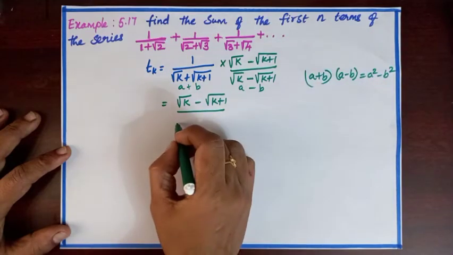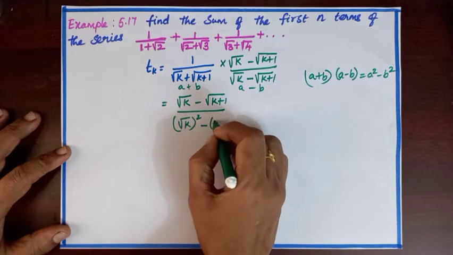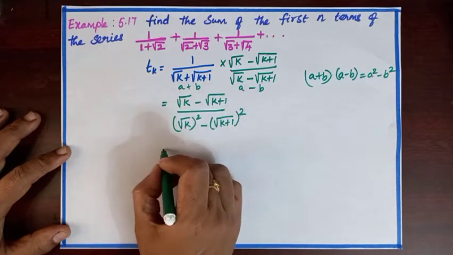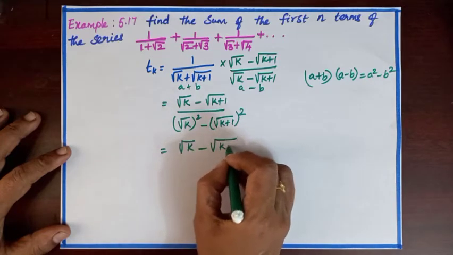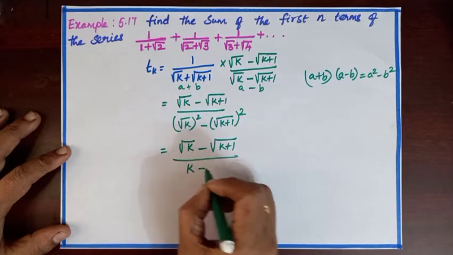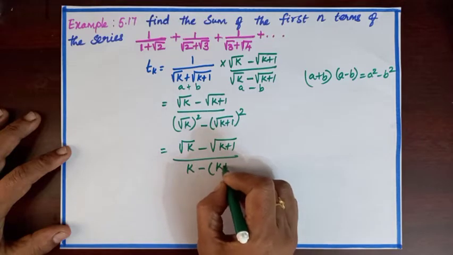In the place of a, we have root k. Root k the whole square minus root k plus 1 the whole square, which is k minus, root k plus 1 the whole square is k plus 1.